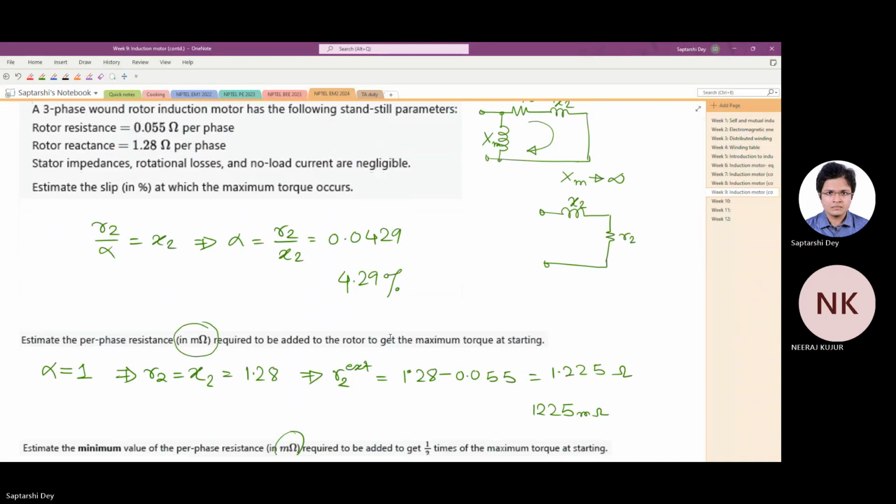That means alpha is 1, because at starting the slip is 1. So R2 should be equal to X2, which is 1.28, already given in the question. We already had 0.055 resistance, so the rest we have to add. If we add this much resistance to the rotor circuit in each phase, we will have the maximum possible torque at starting itself.